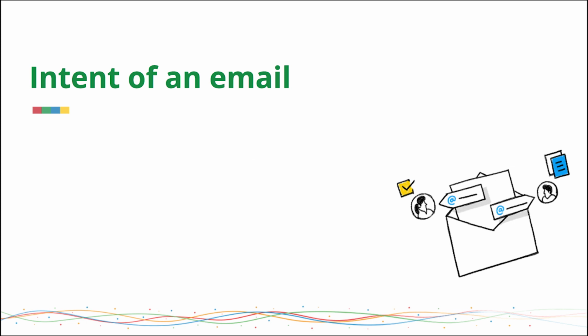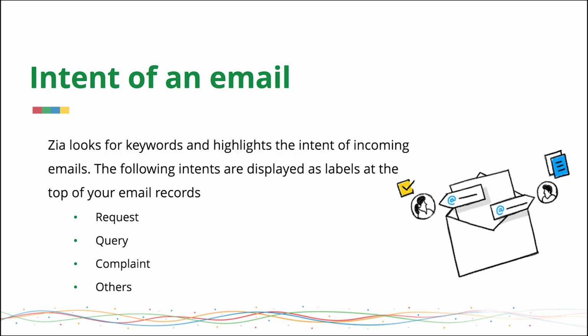Rather than going through every single email that comes your way and then deciding whether it's a request, query, complaint, or email of another nature, Zia lets you automate this process. This saves your users the trouble of going through every single email, even if it's irrelevant to you. Zia looks for the keywords and highlights the intent of the email.